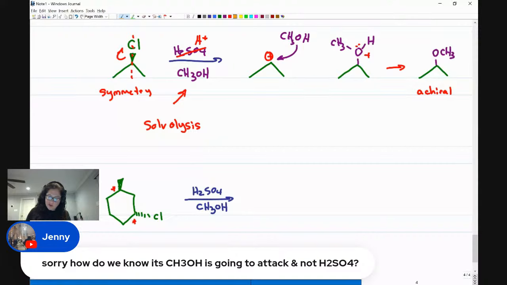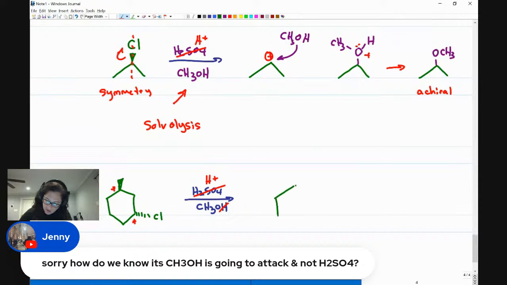That is going to be our attacker. So we see this right here. We cross out the H2SO4 because it's only a source of H plus in solution. Once again, we know that it's CH3OH going to attack. And if you look in the description, I have the backpack trick linked, which is how you know that you simply drop the H off.